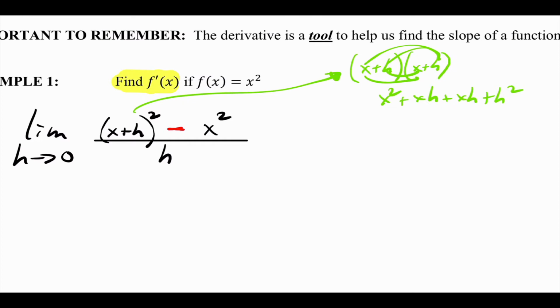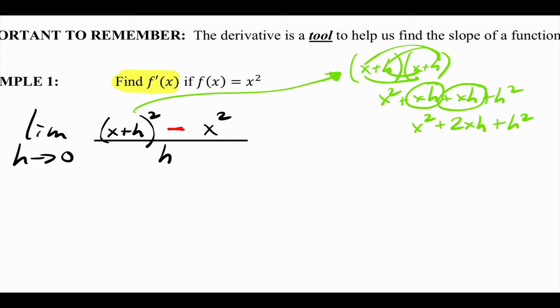Okay? When I do that, I have like terms, right? These two guys are like terms. So it's really x squared plus 2xh plus h squared. That's really what it is multiplied out.